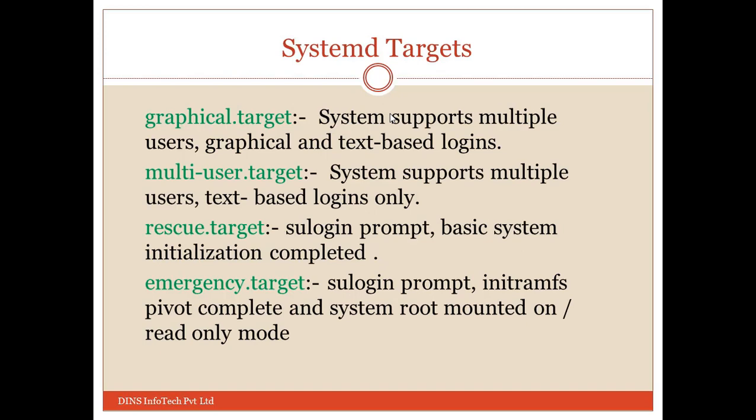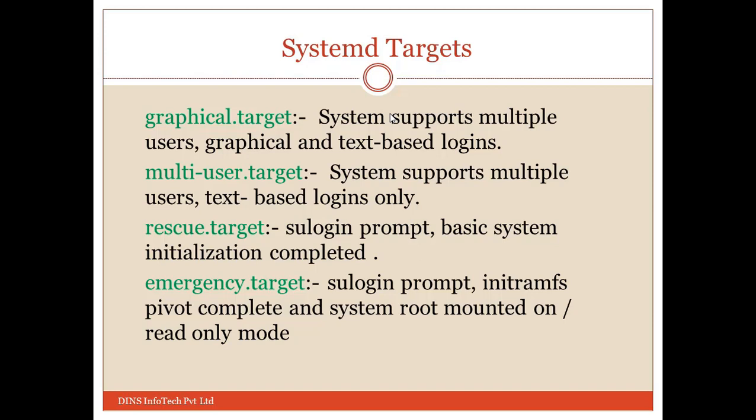So next we'll discuss the available systemd targets. Targets mean through which target your system will start when you start the computer. There are four targets available. One is the graphical target. The graphical target means whenever you start the system, you will get a graphical interface.